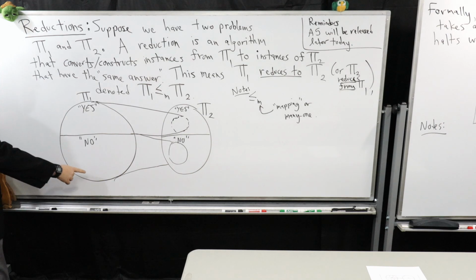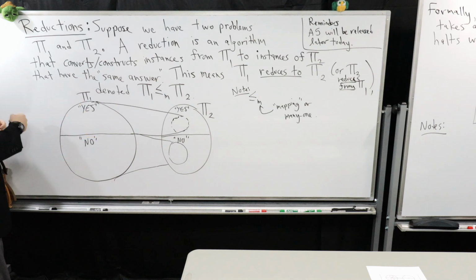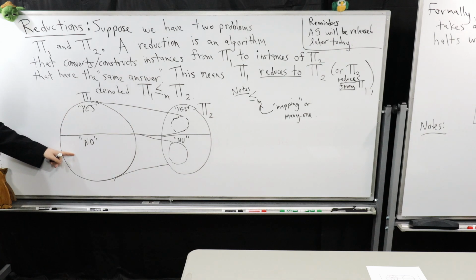For example, here are all of the valid instances of pi1. I've represented this as the set of all the inputs for pi1. Suppose it's really about deciding if something's in pi1, and the answers either are yes, the input is in pi1, or no, it is not.